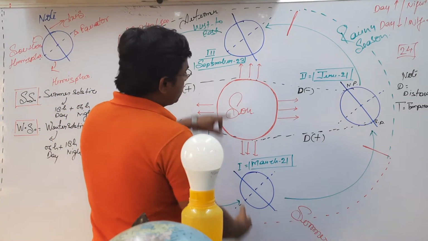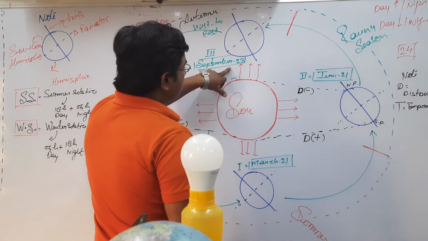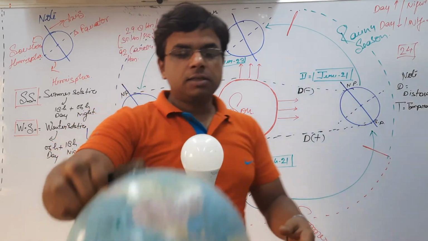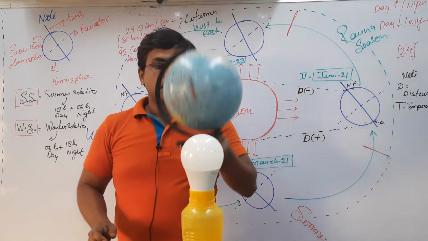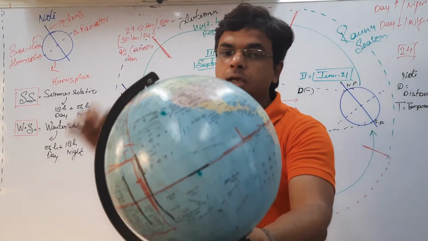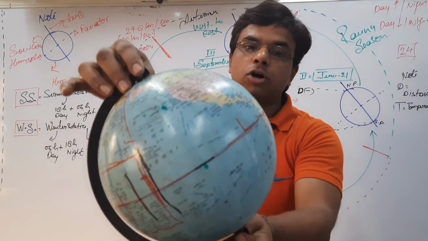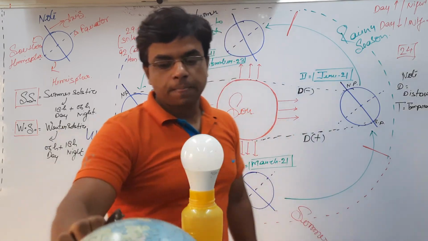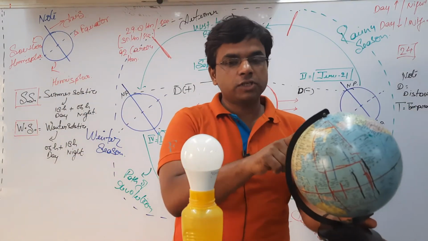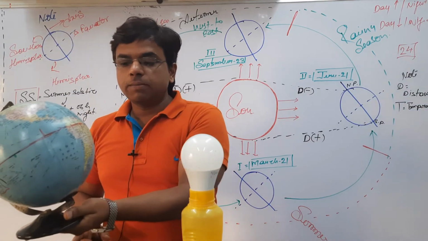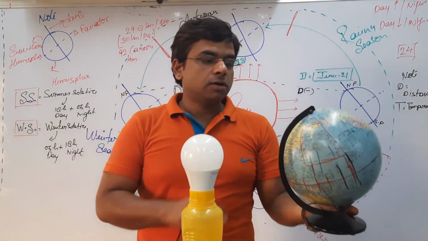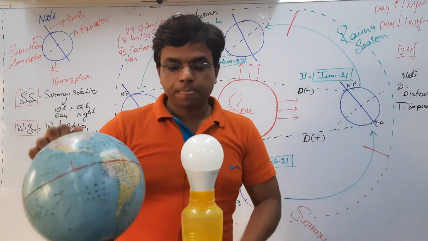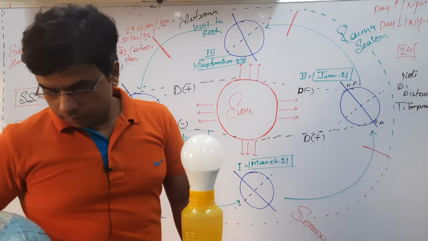On 21st of March and 23rd of September, due to the earth's position in its revolution, the earth is here, and in both these positions the North Pole and the South Pole are maintaining an equal distance, while in this position of the 21st of June and the 22nd of December, the distance of the North Pole and the South Pole is decreasing or increasing.